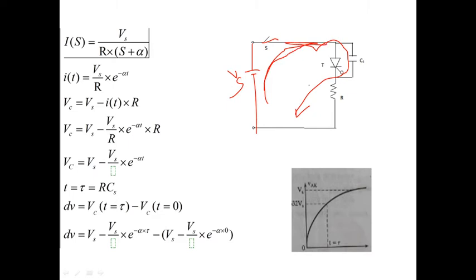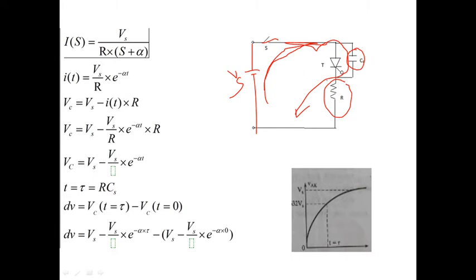What is the voltage across this capacitor? The voltage across this capacitor is Vs minus the voltage across this resistance. What is the voltage across this resistance?